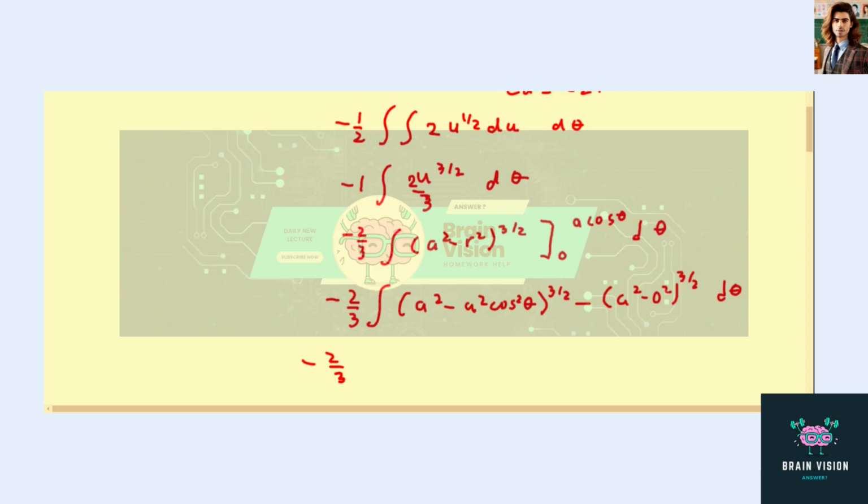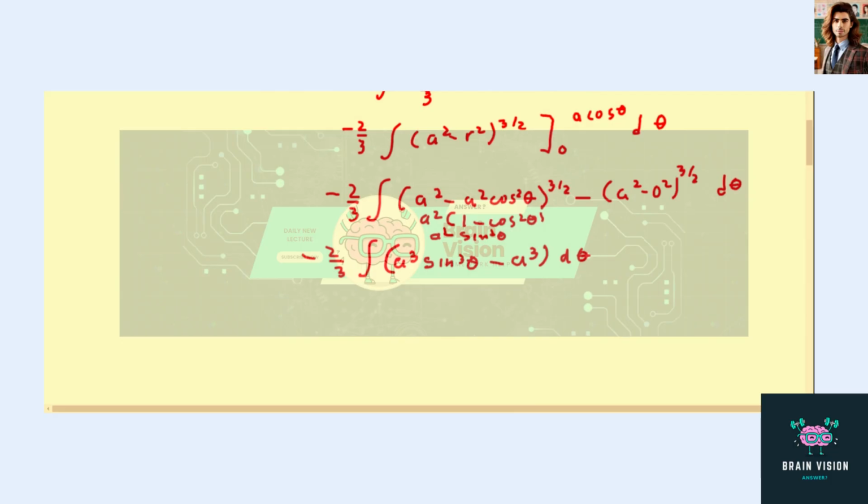Minus 2/3 integral. Okay, if I factor out an a squared, I'll have a 1 minus cosine squared, which is the sine squared. So when I raise it to the 3rd power, I get a cubed sine cubed theta minus, here I got a cubed, d theta. So minus 2/3 a cubed.